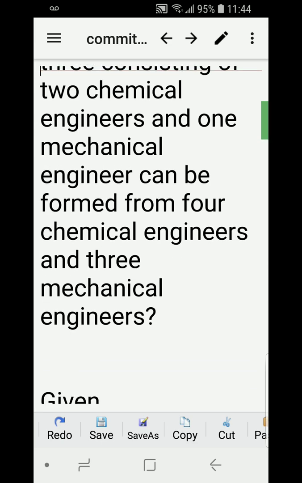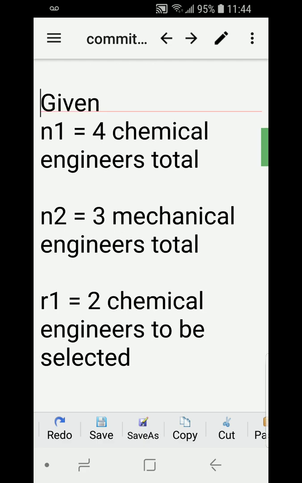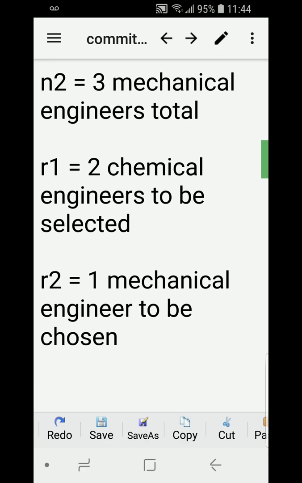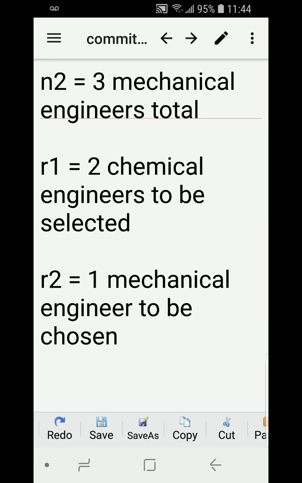So we analyze the given. We have 4 chemical engineers in total, and we have 3 mechanical engineers in total. The chemical engineers to be selected is 2, and the mechanical engineer to be selected is only 1.